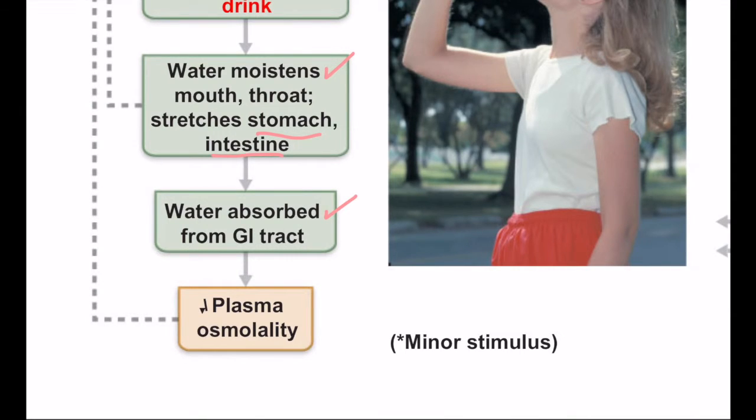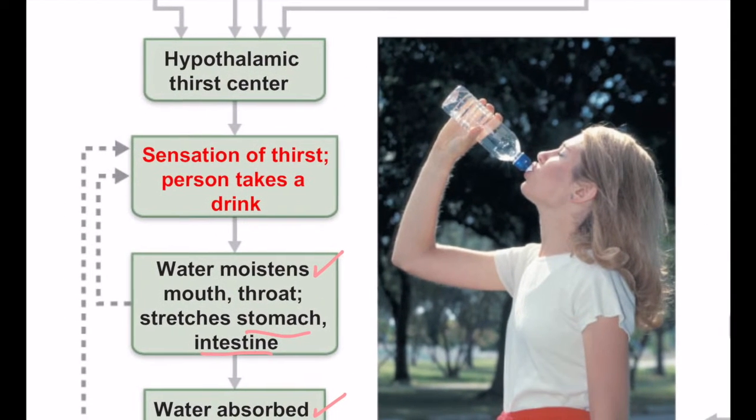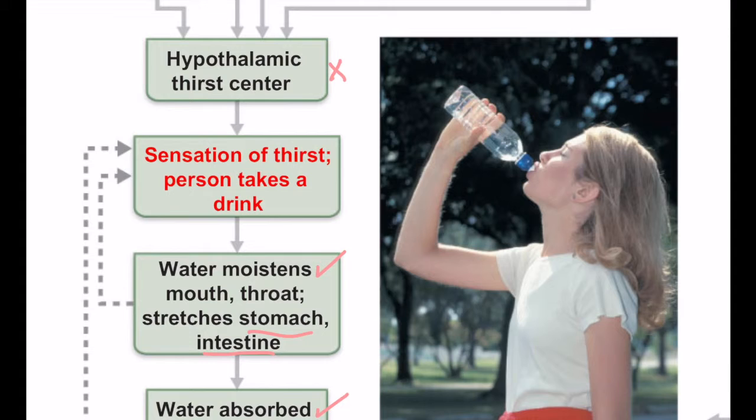and once the water gets absorbed in your gastrointestinal tract, this will drop the plasma osmolarity back to normal, and of course will increase your plasma volume. So this will reduce the thirst sensation. You don't have more activation of the hypothalamic thirst center.